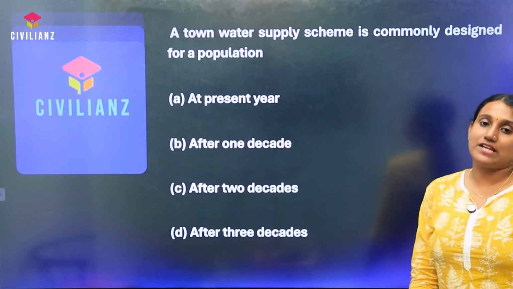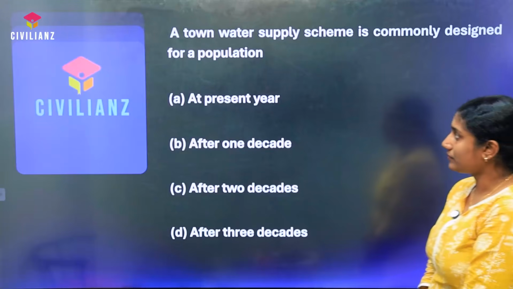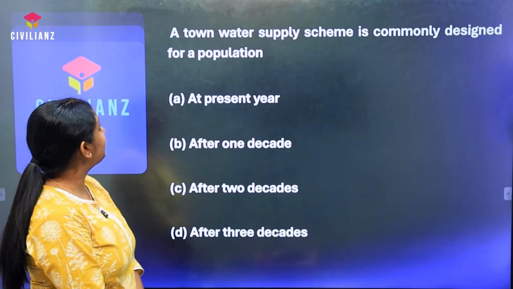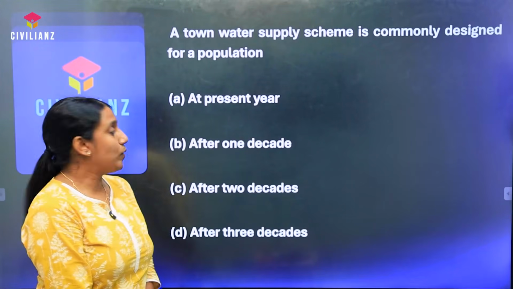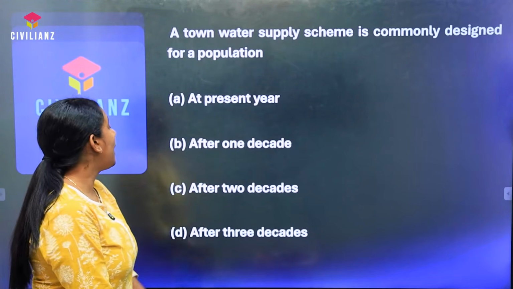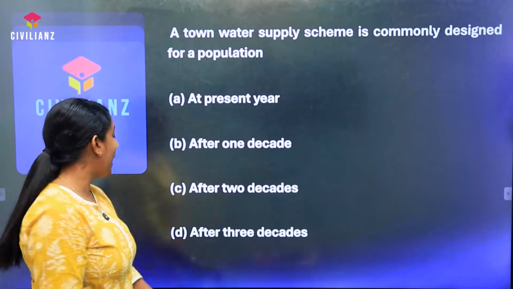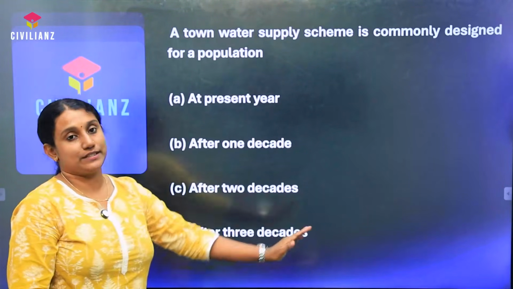This is also a very simple question. A town water supply scheme is commonly designed for what population? Option A, at present year; option B, after 1 decade; option C, after 2 decades; option D, after 3 decades.